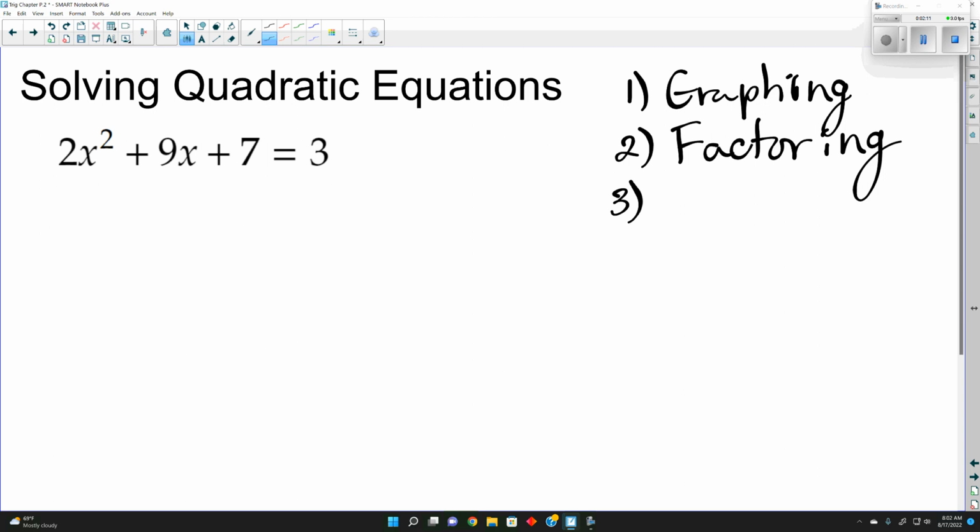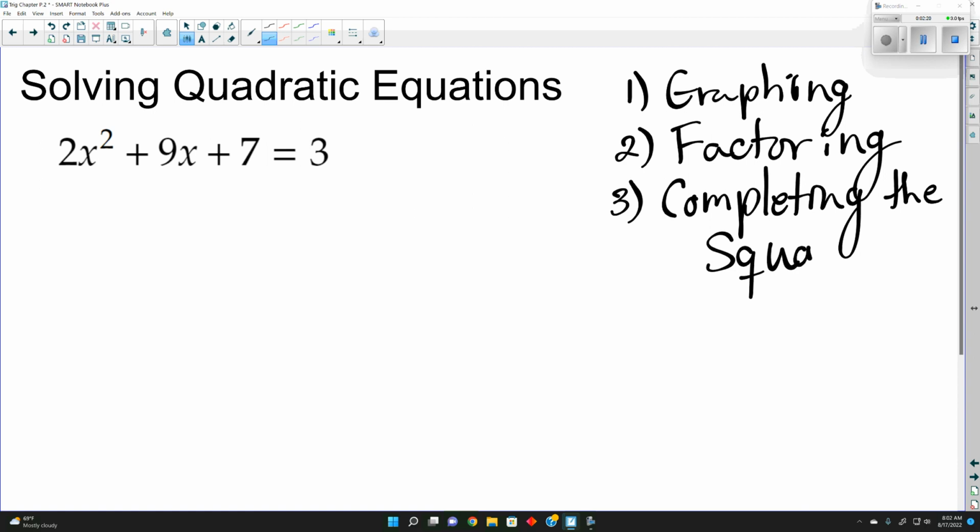Normally after this we have completing the square. It is normally about the third way that at least I go, and the normal order would be completing the square.